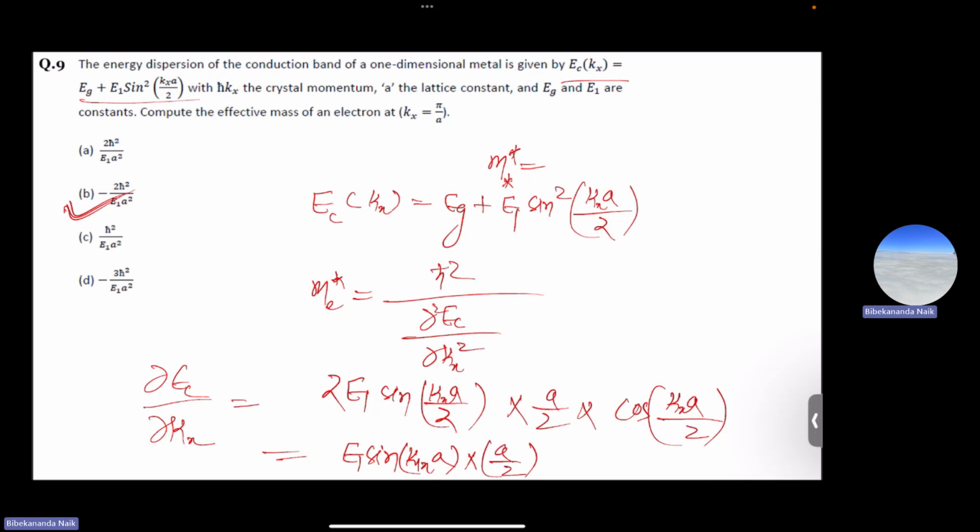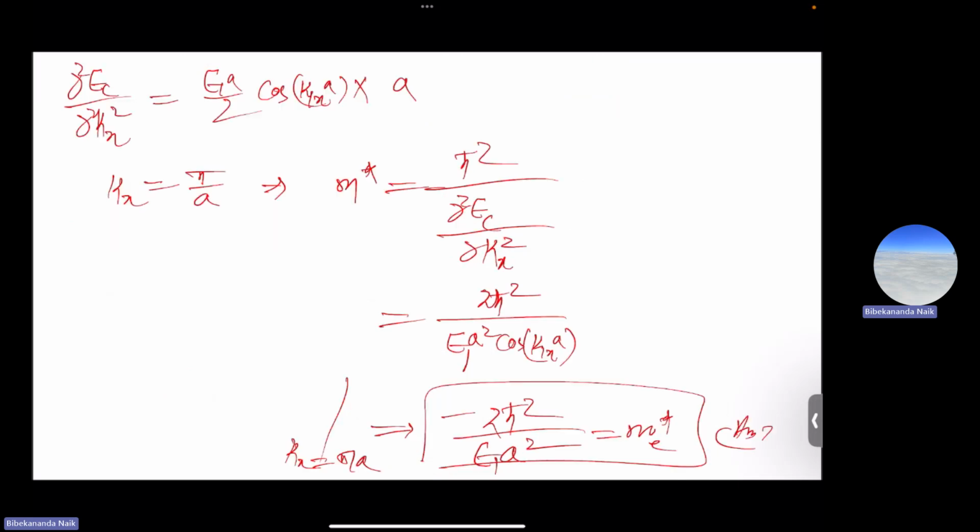So the mass of the electron while moving inside the crystal varies. It is not constant throughout its presence. That mass is called effective mass, and effective mass plays an important role in calculating some of the properties, and some devices that are being made are also based on the principles of effective mass.